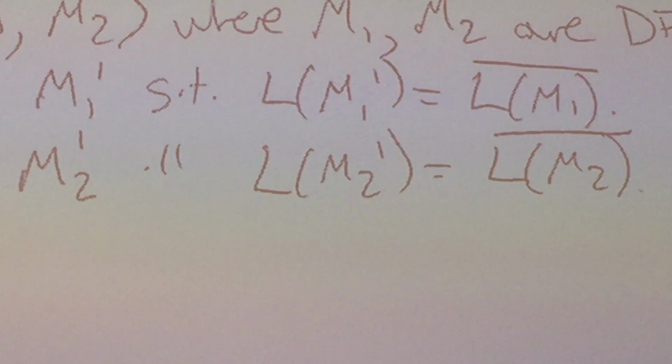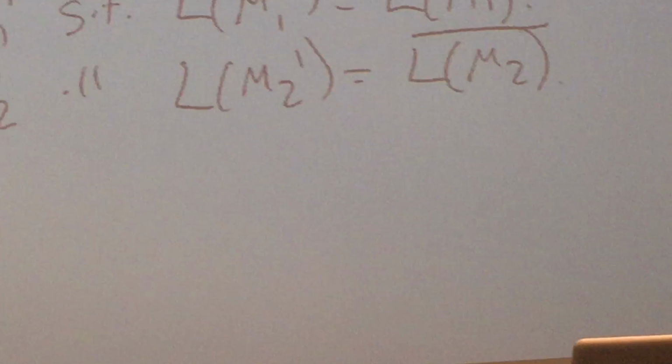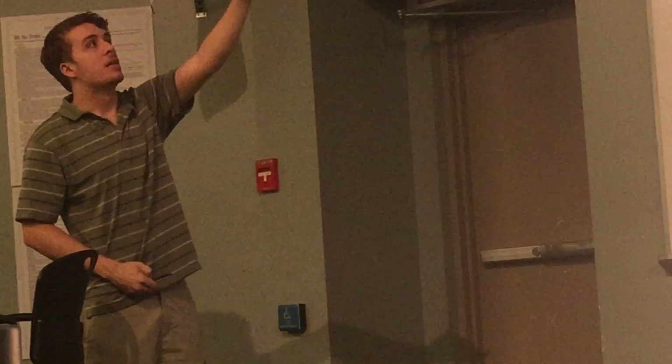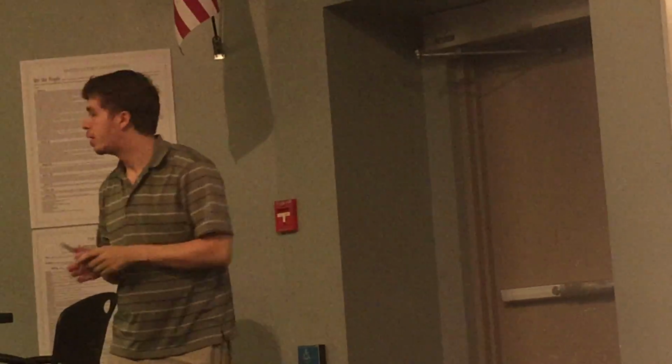Now I want to make a DFA that represents the shaded region. That's just the intersection of M1 with the complement of M2, union the intersection of M2 with the complement of M1. So, let's do that.